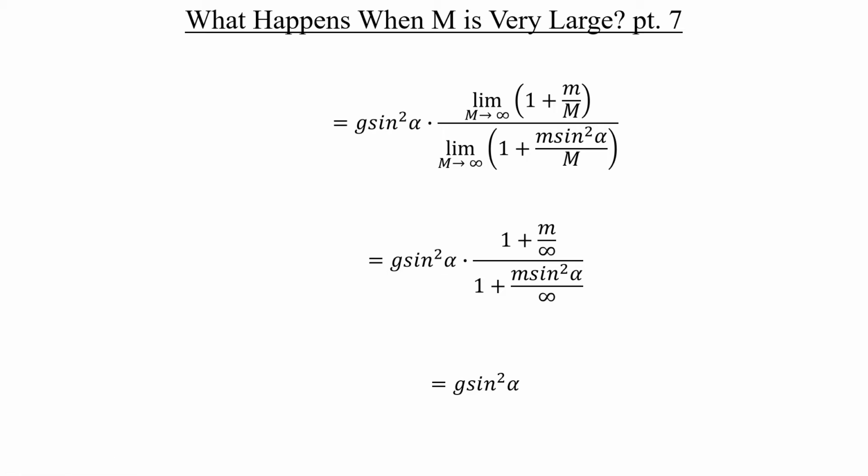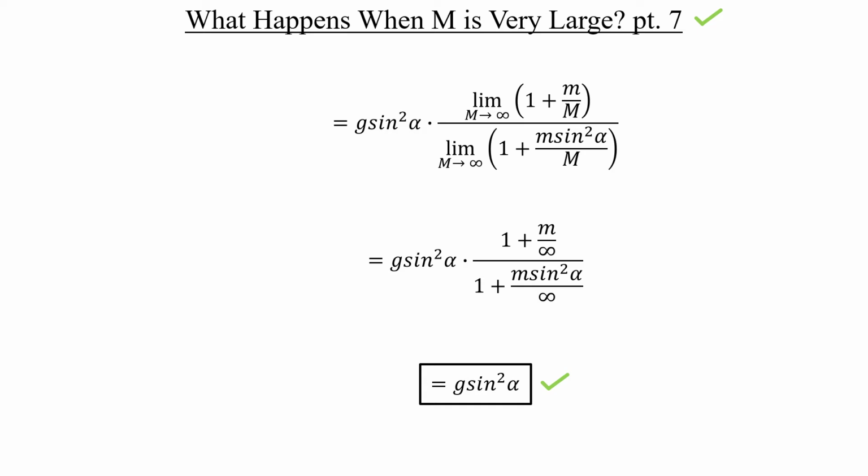Is this what we would expect? Well, yes, because g sine alpha is the regular vector of a block sliding down a ramp, but we're investigating the y component of it, so there's an extra sine tacked on and absorbed into the trig identity. That's all for part B.